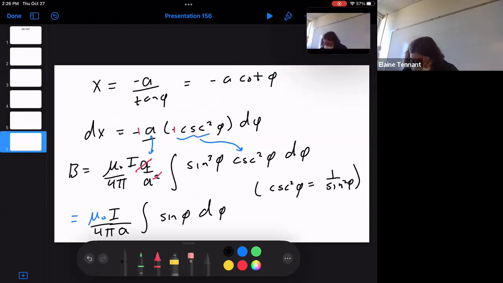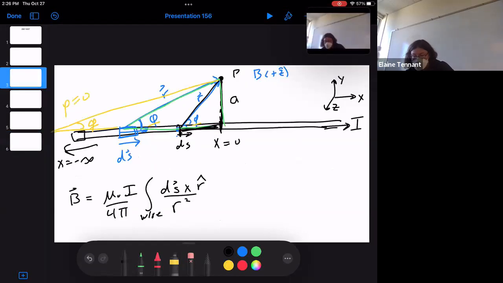We're going to start at 0. And now let's go on the other side. So on the other side, I choose a ds. My angle is still between ds and r. And so now that is my angle phi.